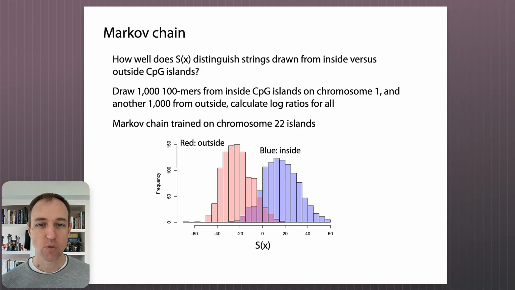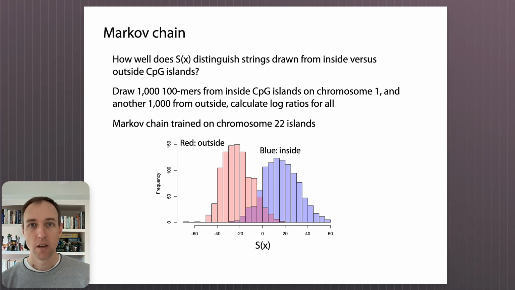The reality is somewhere in between those two possibilities. We do have two distinct and distinguishable histograms here, but they overlap in the middle, which means there are some examples that our score is not correctly able to distinguish. There are some inside examples that get negative scores and some outside examples that get positive scores.